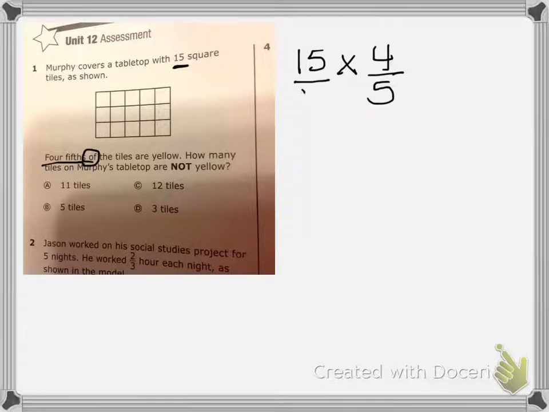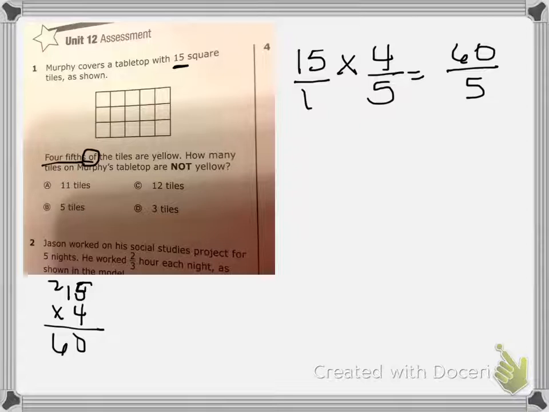Again, I have to turn 15 into a fraction. So 15 times 4, I'm probably going to need to do a little math over here. 15 times 4, well, 5 times 4 is 20, carry my 2. 4 times 1 plus 2 is 6, so that equals 60. And then 1 times 5 is 5.